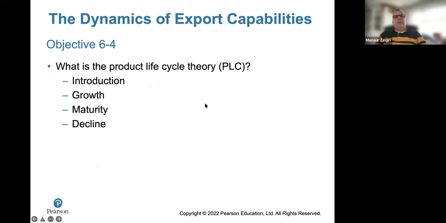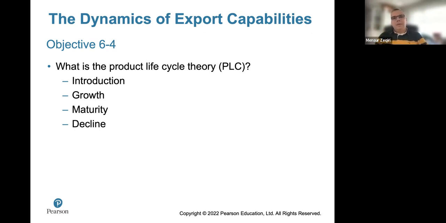It's also important to explain and to know some of the dynamics of export capabilities. Here, what we're going to discuss is some of the theories that help us to explain how countries develop, how countries maintain, and how countries lose their competitive advantage when we talk about particular products.